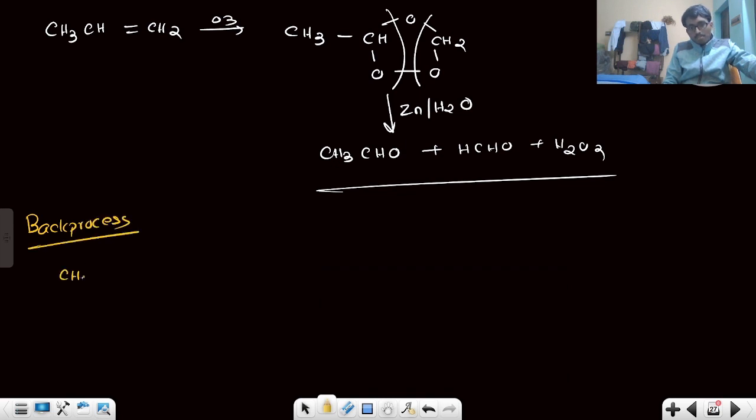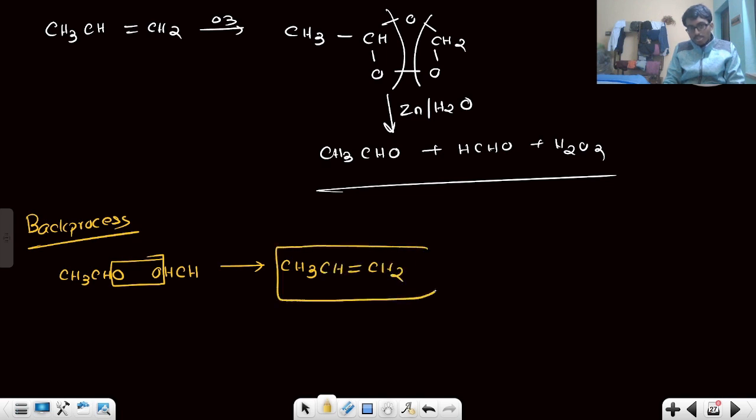Then I am given with a compound CH3CHO and HCHO, so I will be writing it as OHC like this. This two oxygen I will be taking together and what I will be doing is I will be writing it as CH3 CH double bond CH2. But see, the original structure has come back. This is as simple as this.